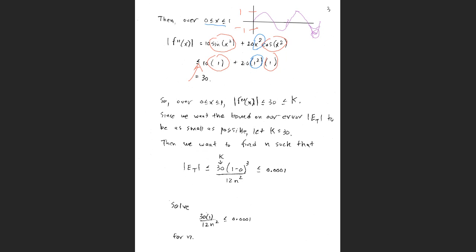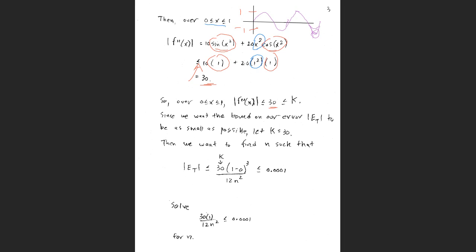For this class, that would not be the right way to do it. We want K to be easy to get, so whenever we have sines or cosines, we just replace those with 1. And so 30 is going to be our value of K. That's the value of K that WebAssign will want.